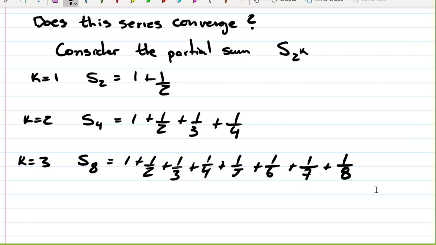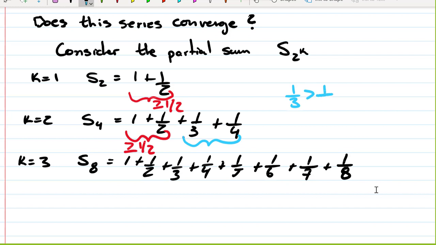So what we're going to notice is if I group these together in a certain way, the first thing I'm going to notice is that these first two terms are bigger than 1/2, because 1 plus 1/2 is bigger than 1/2. Then if I look at these next two terms, 1/3 plus 1/4, we know that 1/3 is bigger than 1/4.